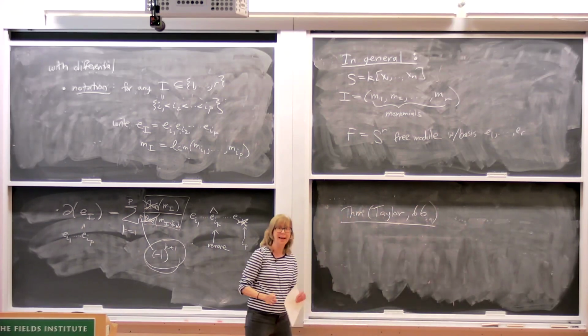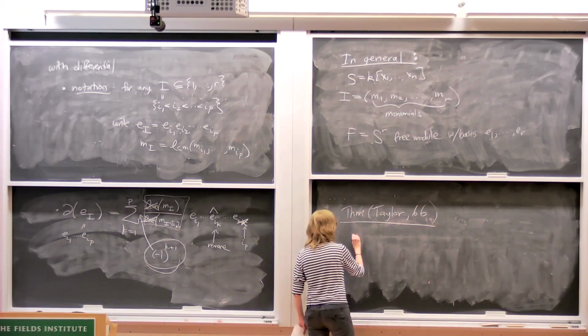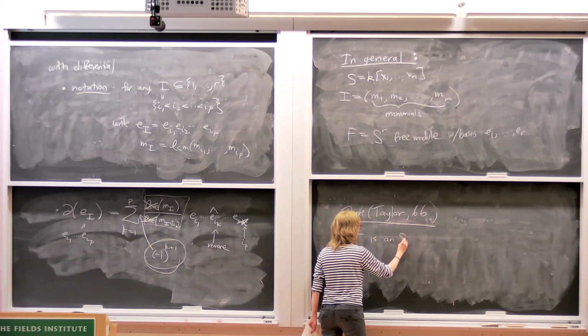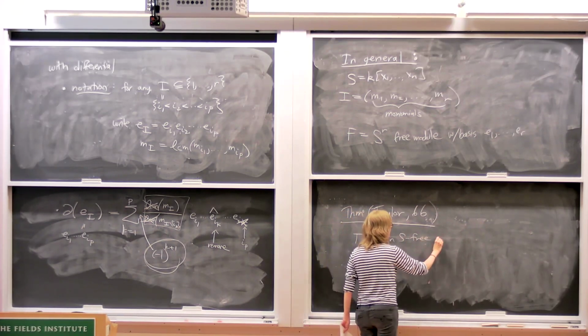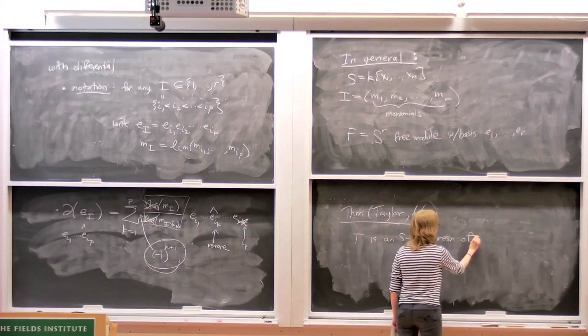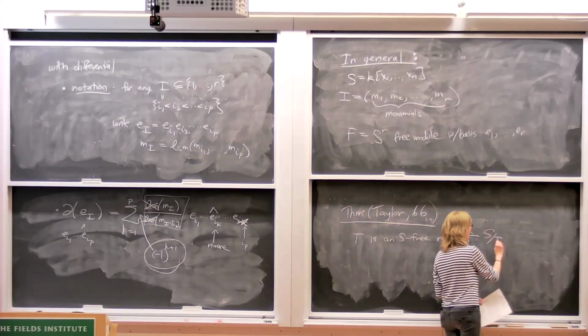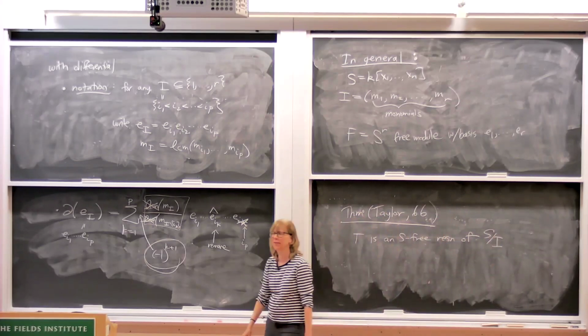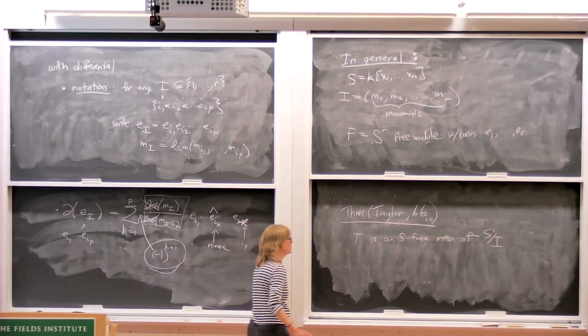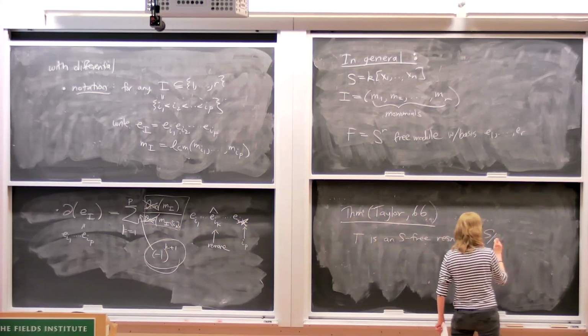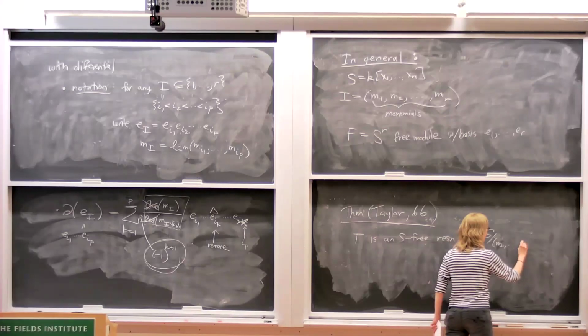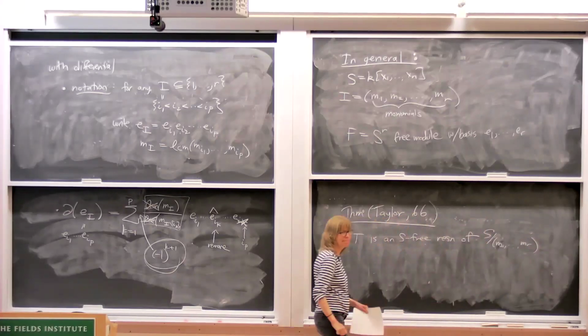that this is exact. So T is an S-free resolution of, can I write S mod I? Okay. Sorry, of whatever ideal, the ideal given by the monomials M1 to MR. Okay.